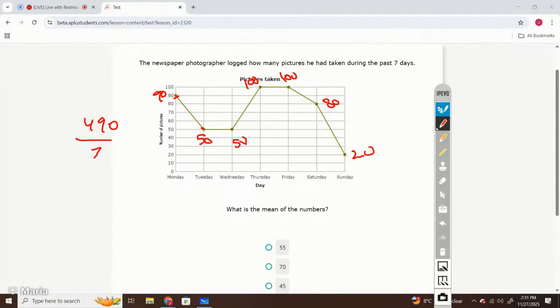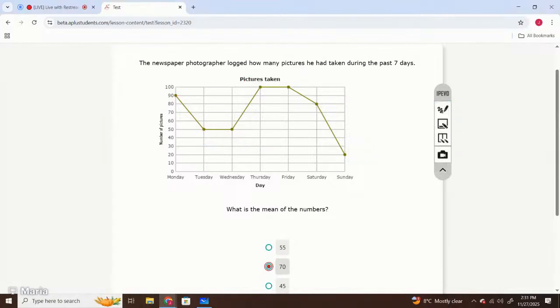This is the sum of all the numbers divided by the number of given values. So that is 70. So the mean of the given data is 70. The correct option is 70.